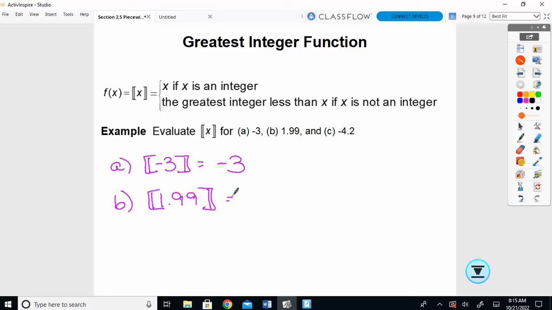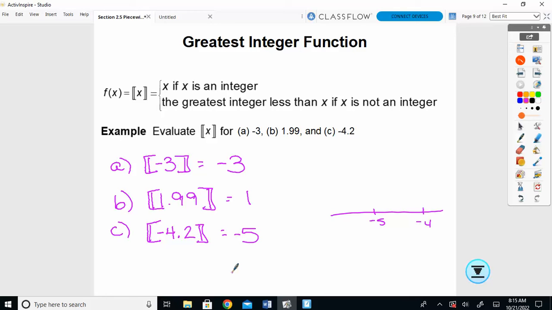You have to think, what two numbers does it fall between? Give me the smaller. So 1.99 is between 1 and 2. The smaller number is 1. If I said -4.2, -5, right, -4.2 is between -4 and -5. You always give me the smaller one.